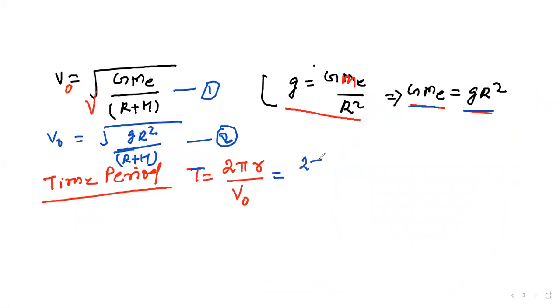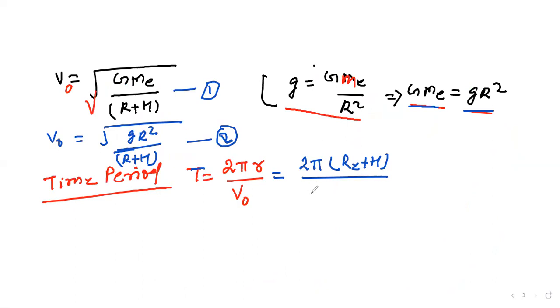This time period is the time taken by the satellite to move once around the Earth in a certain orbit: 2 pi (RE plus H) upon VO.